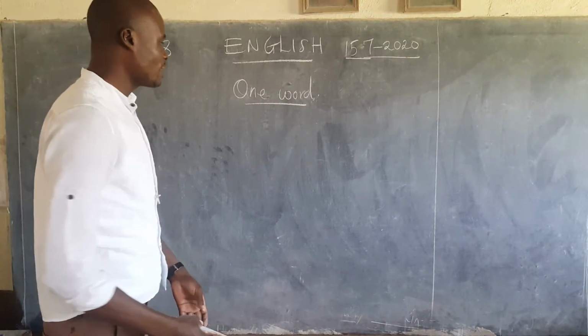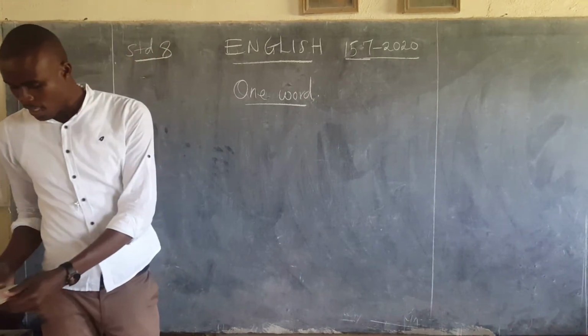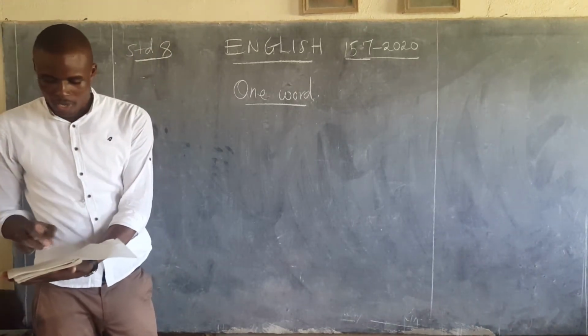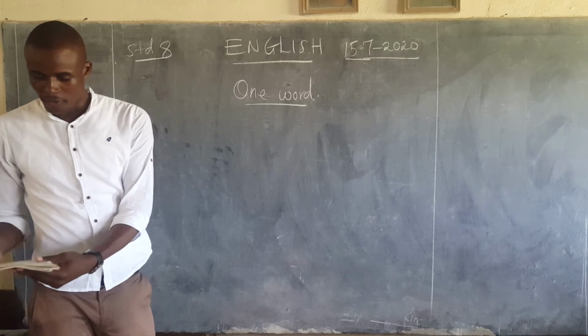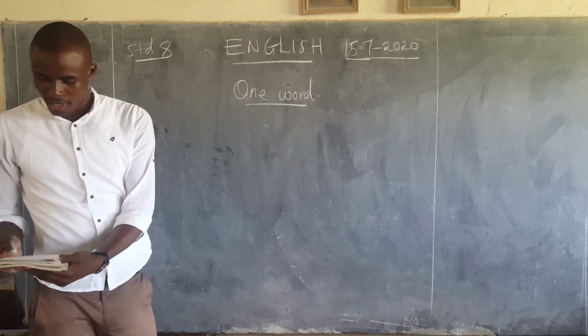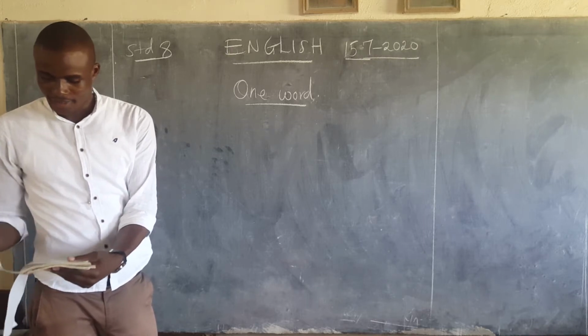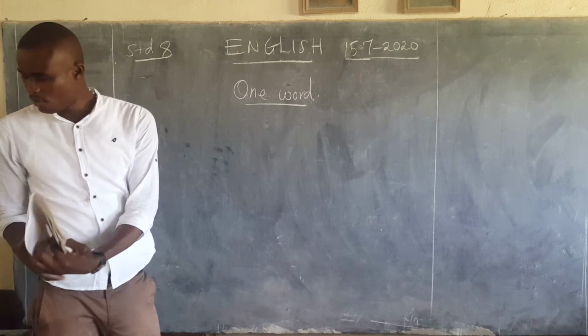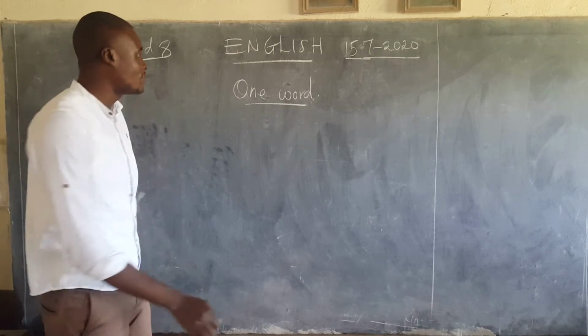In today's English lesson, learner, we are going to look at one word, as you can see on the board. The main question here is: what is the meaning of one word?